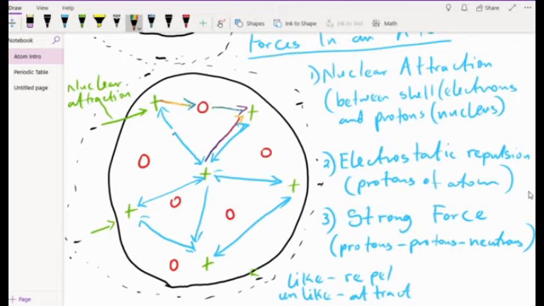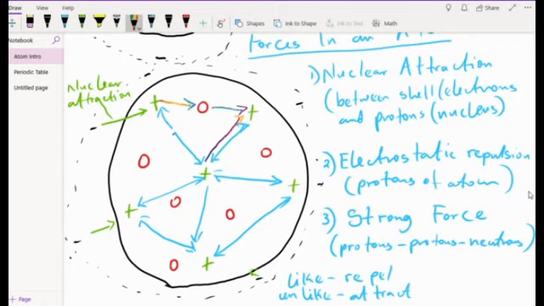So we already said that the strong force is between the protons to protons and the neutrons. That is what makes the nucleus of the atom stable. It's this strong force that gives the atom stability, and that is why the nucleus does not break apart.